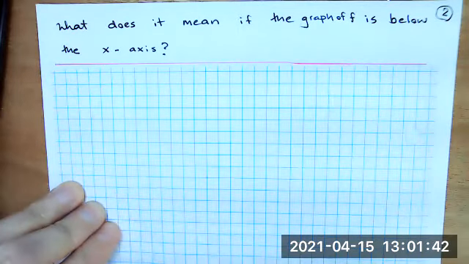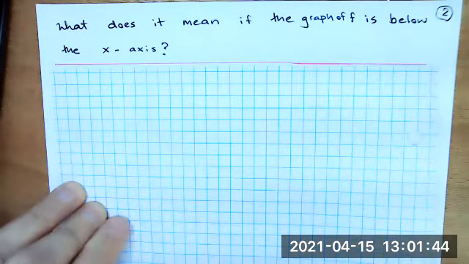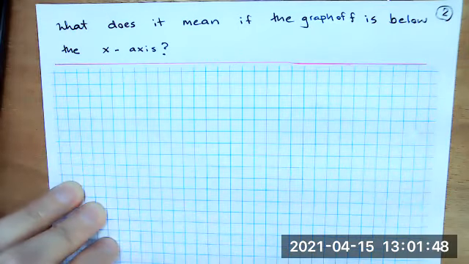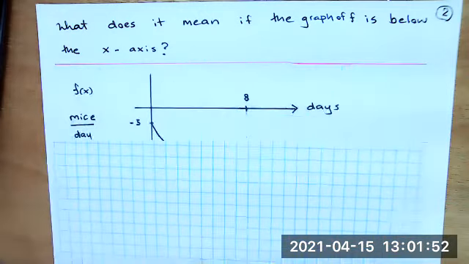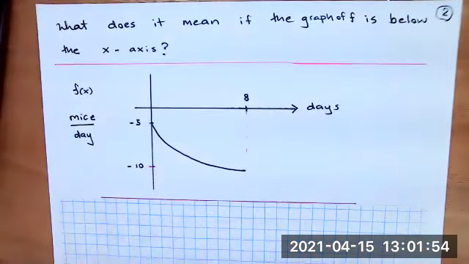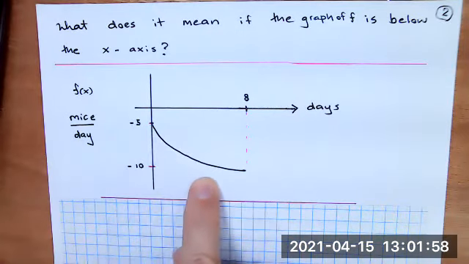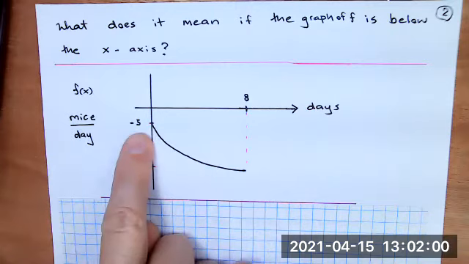All right, so we've been doing a lot of examples where the graph of f of x is above the x-axis. What does it mean if the graph of f of x is below the x-axis? If the graph of f of x is below the x-axis, that means the values of f of x are negative.